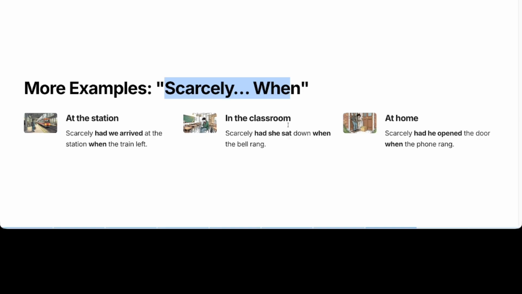In the classroom, scarcely had she sat down when the bell rang. Scarcely followed by when, inversion, verb followed by subject. At home, scarcely had he opened the door when the phone rang. Scarcely followed by when, and verb followed by subject.